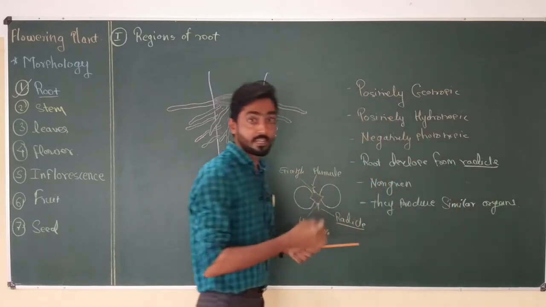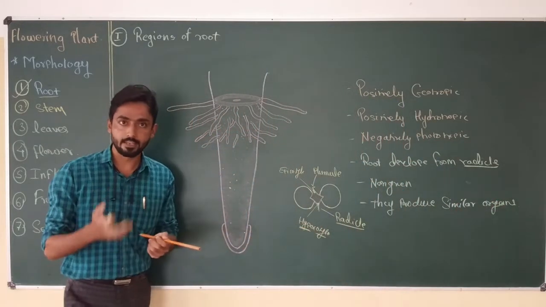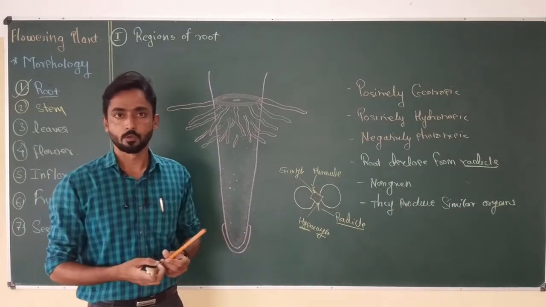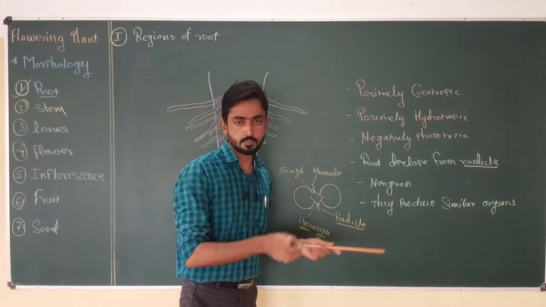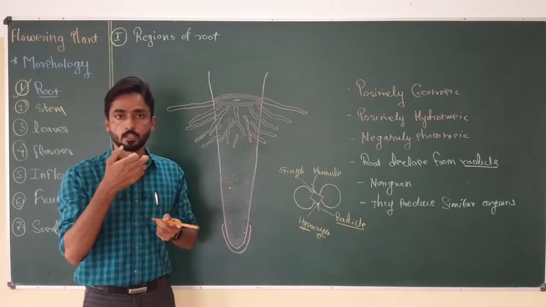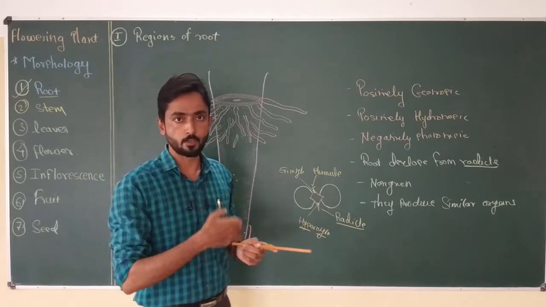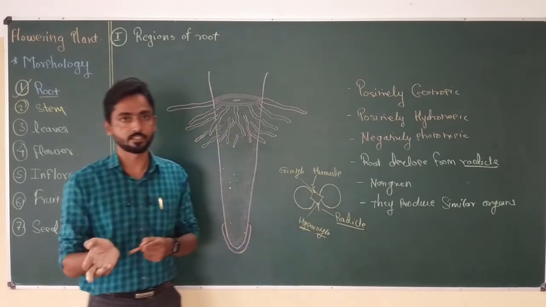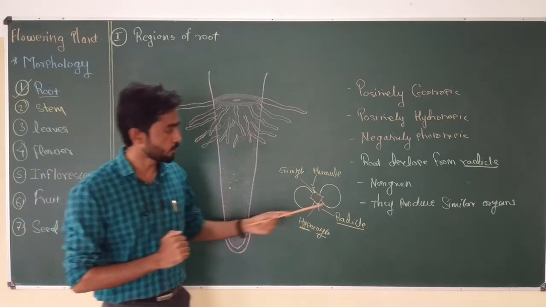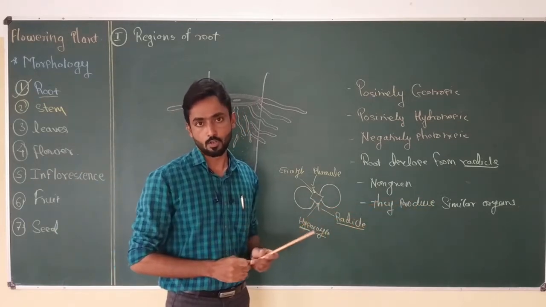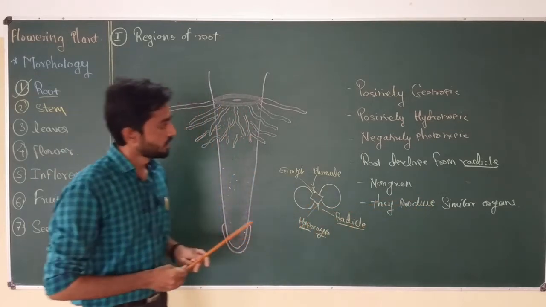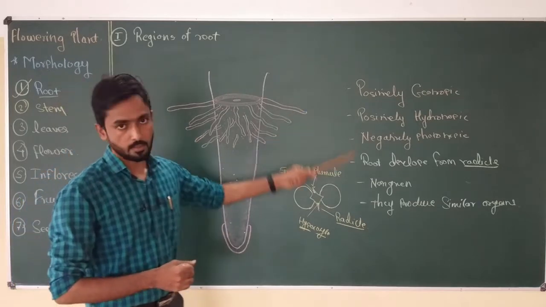As we know, stem is able to produce dissimilar organs like leaves, flowers, fruits. But in case of root, the system only produces roots. From the root, you can say that root only produces primary, secondary, and tertiary roots. It is not going to produce dissimilar organs. So these are the different things about the root.